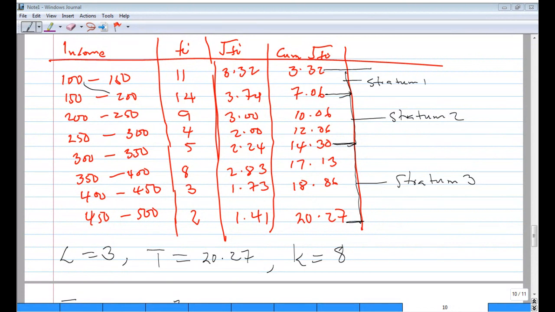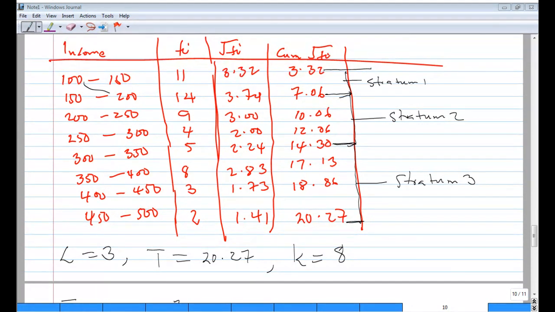Okay, now I think you understand the table because I even explained how we construct this table. I'm sure that you understand it. Okay, let's go to the bound. Remember, we just want to allocate the firms to 3 strata.